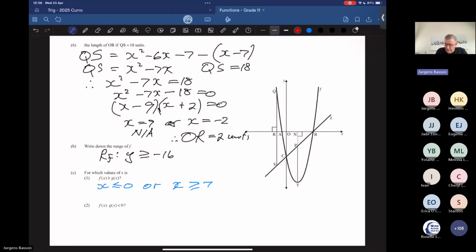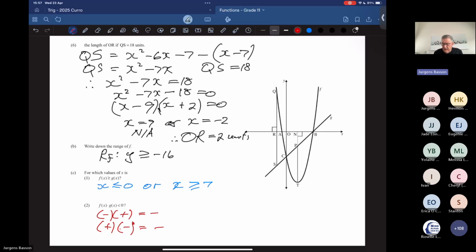So for a product to be negative, we want to multiply a negative with a positive or a positive with a negative. And both of them will give me a negative. Now you can see it's about positive and negative. So it is above the x-axis or below the x-axis.